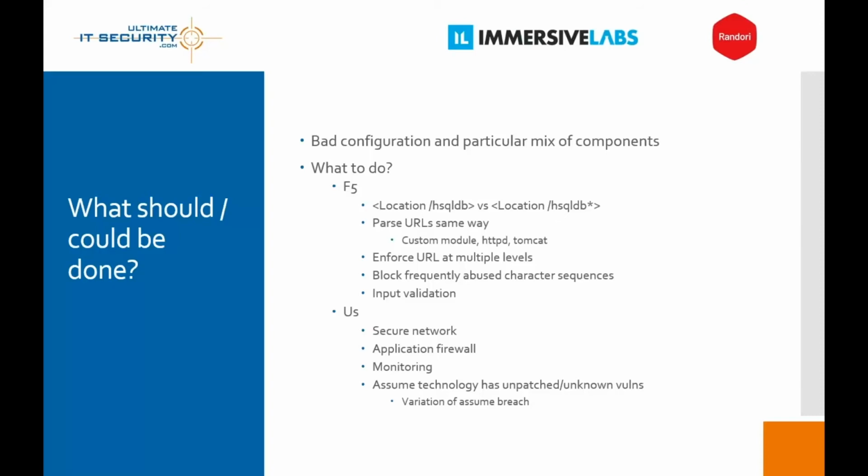Well, this is a bad configuration, and like I said, the particular mix of components that you find here. First of all, F5 should be stricter with the parameters. And for instance, it appears that they changed one thing from HSQLDB anything to just HSQLDB. And I think that's a good overall rule.